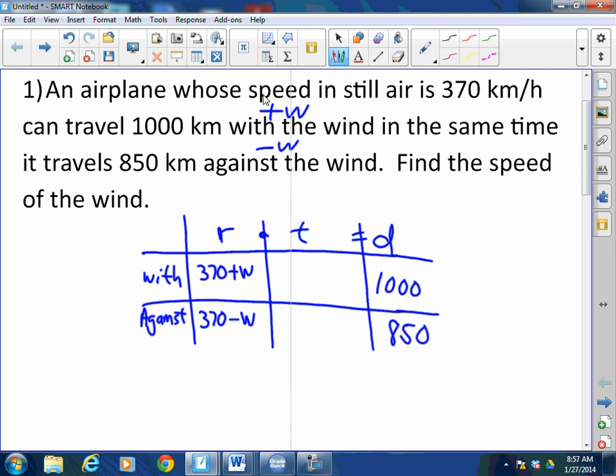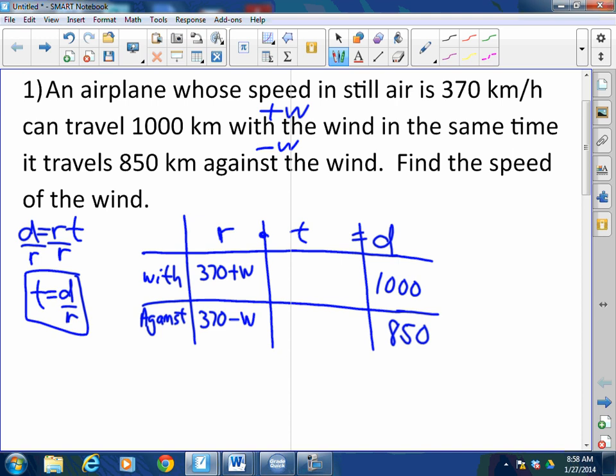So instead, let's remember that distance equals rate times time. In this particular case, time equals distance over rate. The problem most of my students have with this is they ask how you know when to do it. The answer is simple.